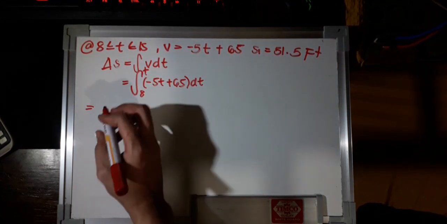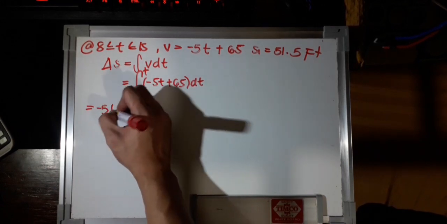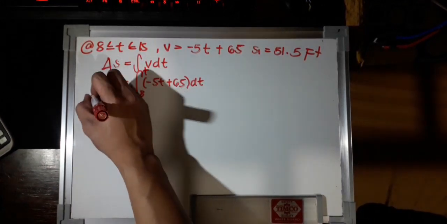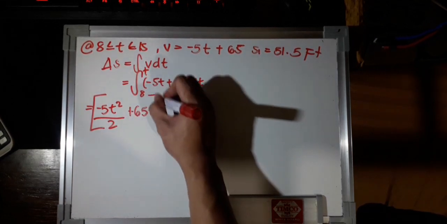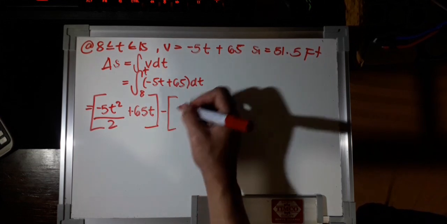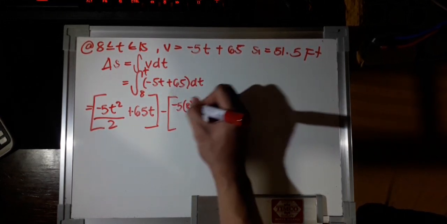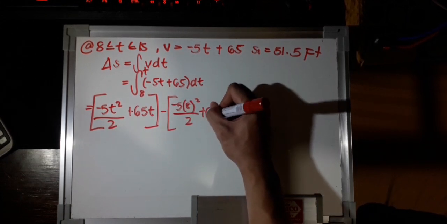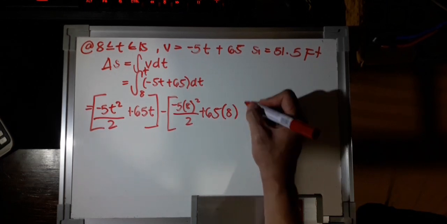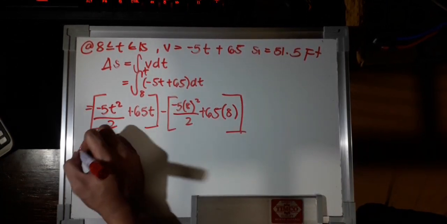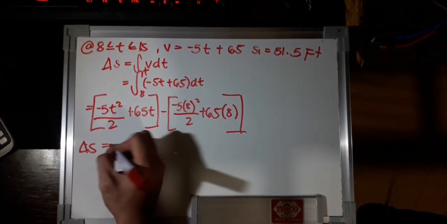So integrating, we have negative 5t squared over 2 plus 65t, then minus, substitute lang natin yung 8: negative 5 times 8 squared over 2 plus 65 multiplied by 8. So this is for the change in position.